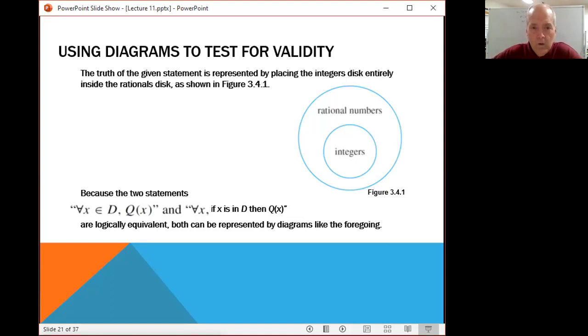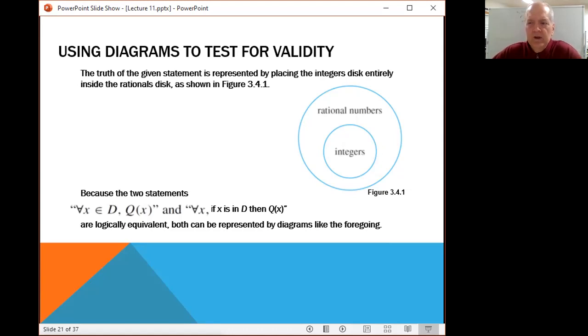Now, not all rational numbers are integers, so there's going to be some part of the rational numbers circle that does not contain integers. So we look at that and say, okay, the integers are entirely within the rational circle.